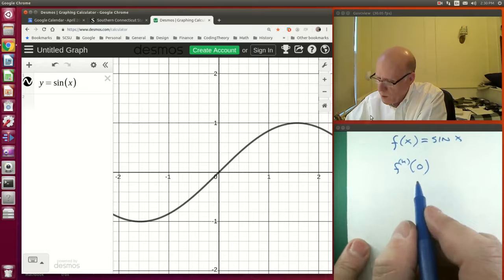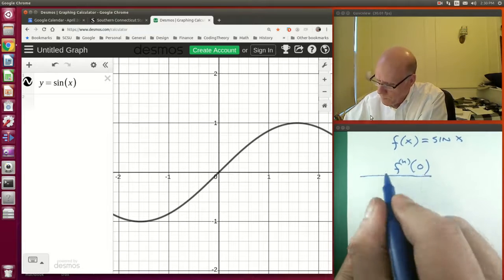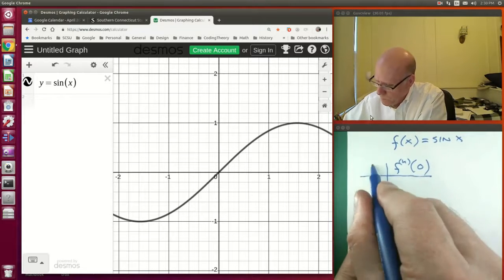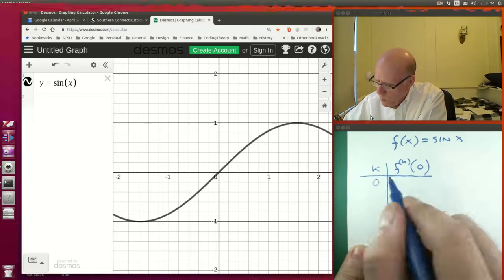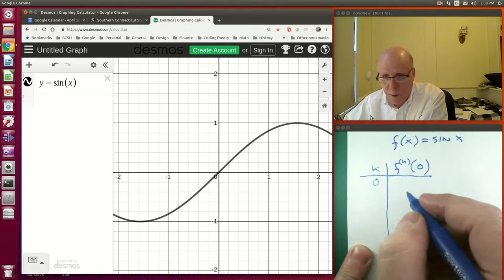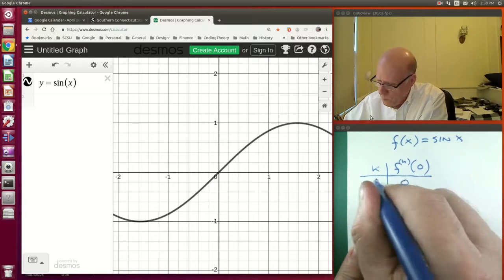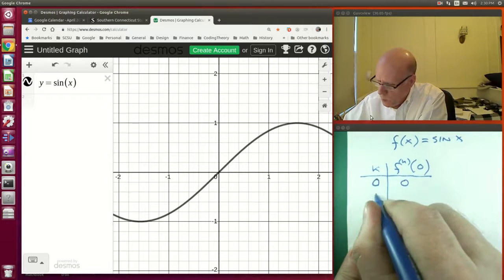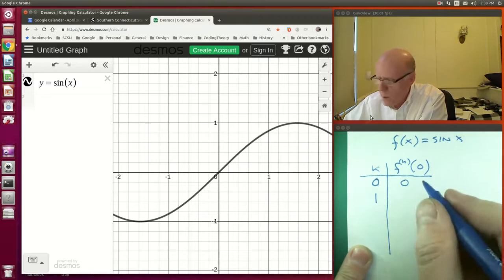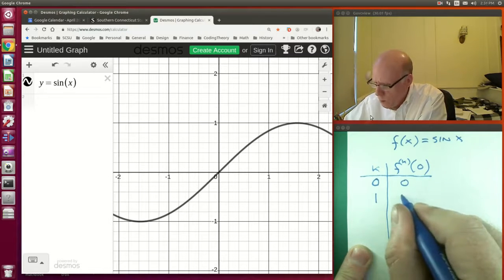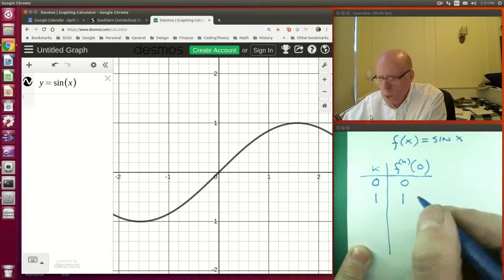And in fact, I guess I'll make a little table of that. K equals 0. Well, that means don't take any derivatives, so sine of x evaluated at 0 is 0. And when k is 1, the derivative of sine of x is cosine of x, so cosine of 0 is 1.